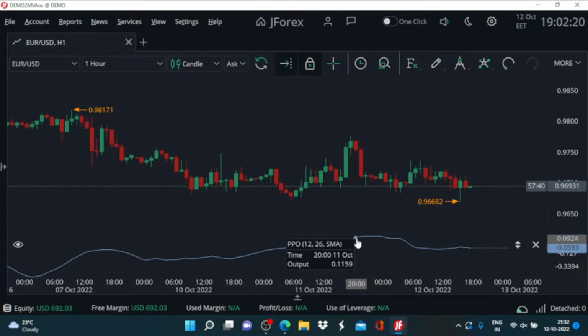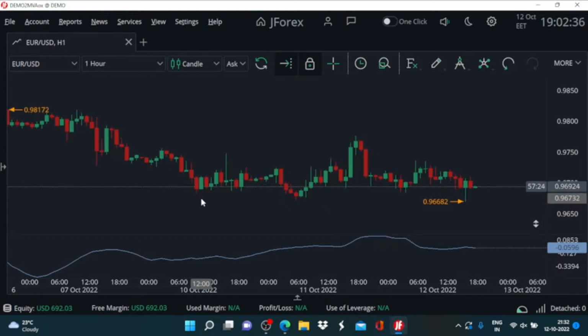And if the output is in positive territory and on the rise, that means the bullish trend is gaining strength, and we can continue to look for fresh opportunities to go long. So both ways we can try to profit from these market dynamics, whether bullish or bearish. We don't really have to bother. As long as we are on the right side of the trend, we can be confident of making money.